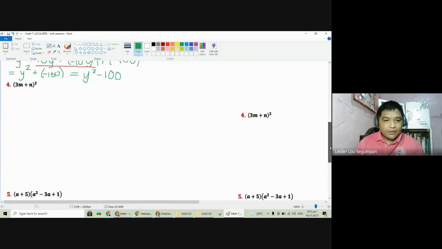Let's move down. When you talk about number four, you might see, I don't know, will this use multiplication? And some of you might say, I could use the power law of exponents discussed before, sir, wherein I could just simply distribute that and I could make the square of 3m plus the square of n.